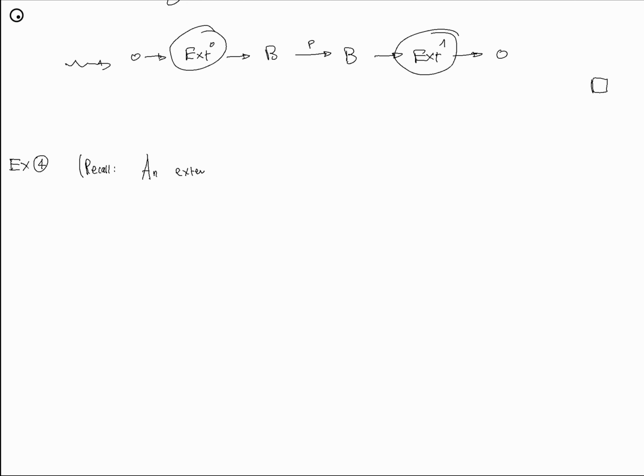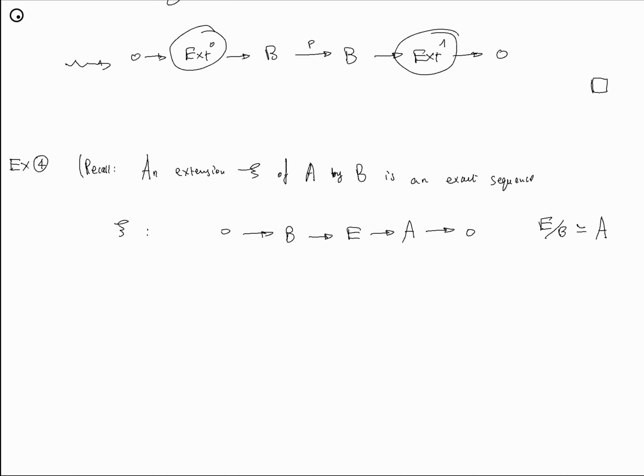An extension, let's call it E, of some R module A by an R module B is a short exact sequence 0 to B to E to A to 0. E corresponds to extension. So here it is an extension. E is called an extension of A because it comes back to A modulo B, but it kind of lifts A, right?